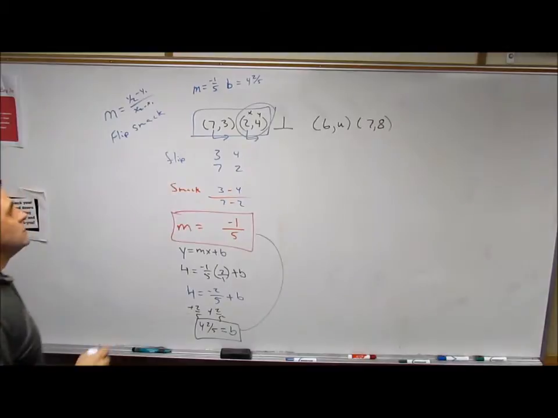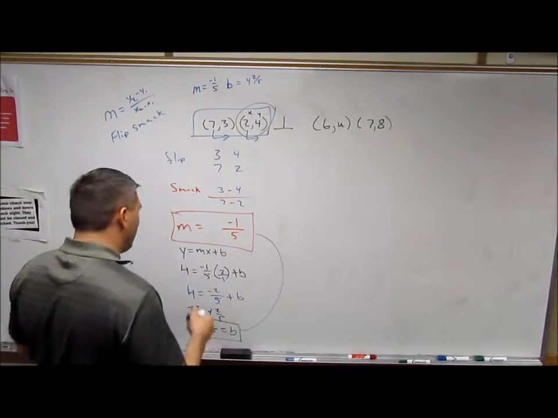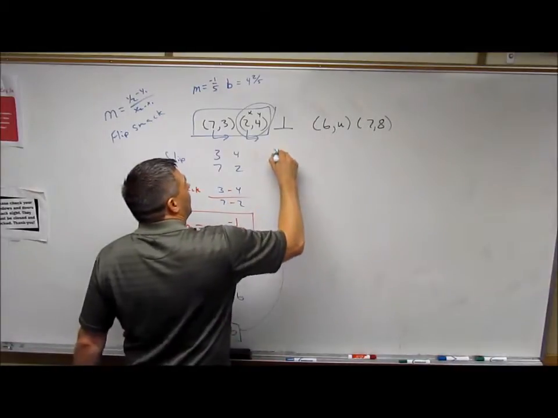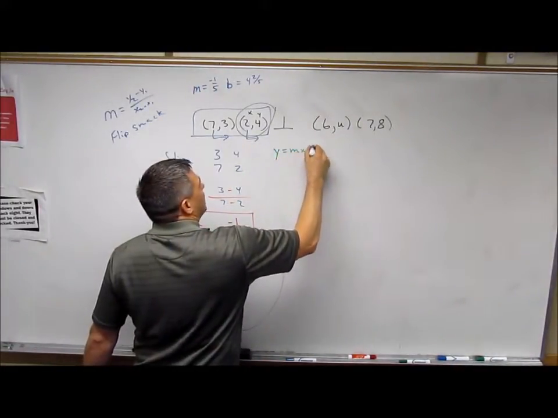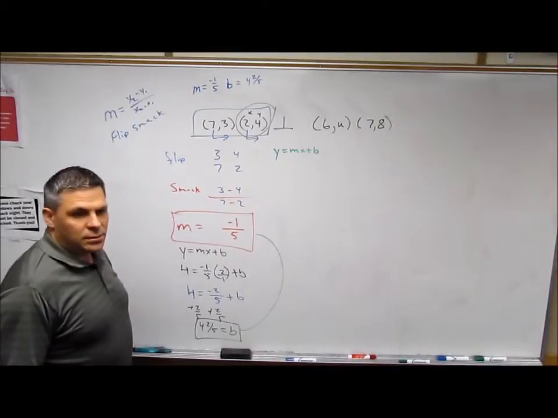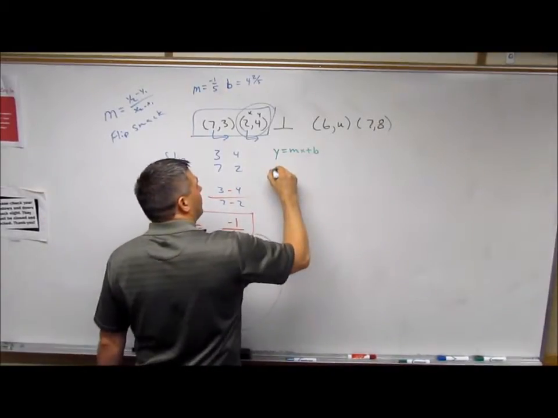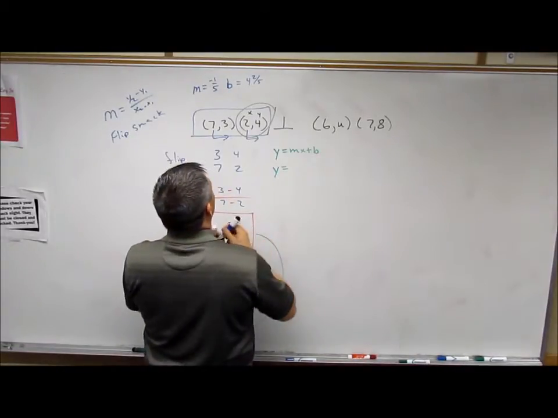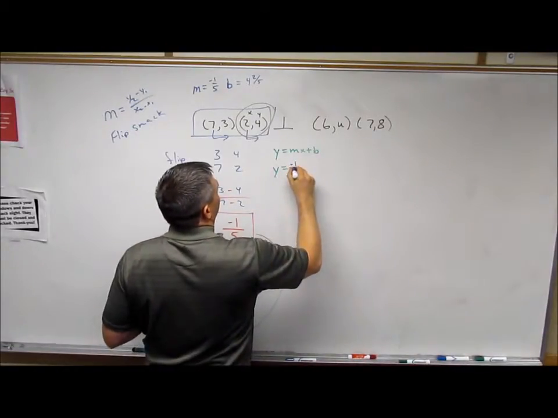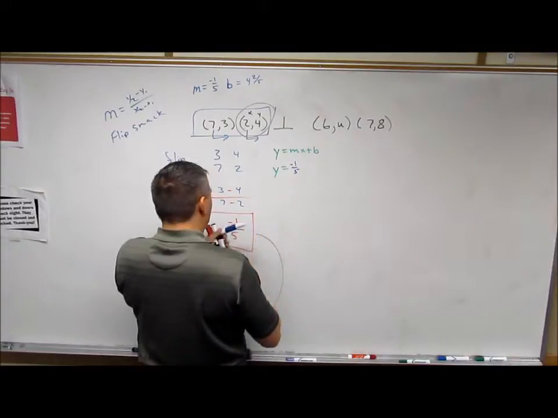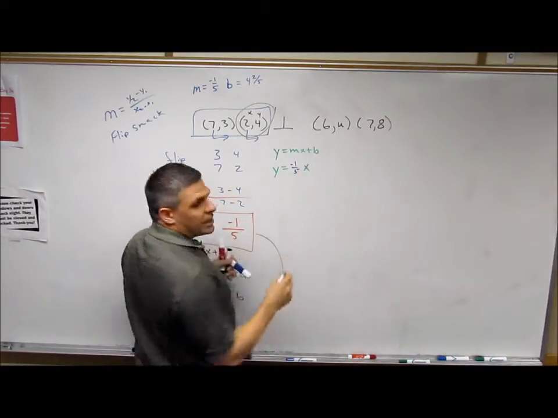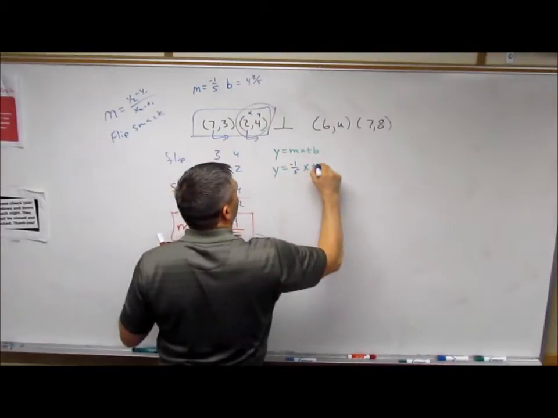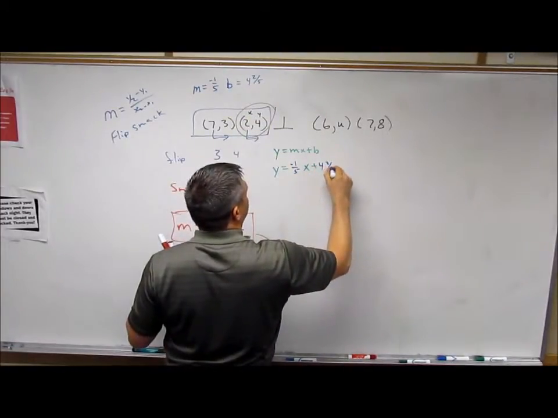Remember, y equals mx plus b. Y equals negative 1/5 x plus 4 and 2/5.